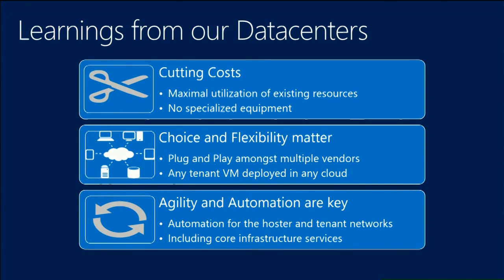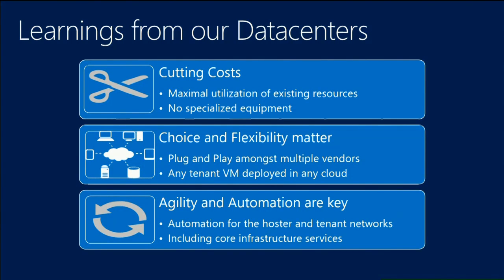The second thing is that choice and flexibility matter. Even within our own data centers, where in theory we could run in a completely homogeneous manner, we wanted to be sure that we had the choice to pick from multiple vendors. And as customers, we wanted to make sure that those kinds of choices are available to you as well. That you're not locked into one particular vendor's proprietary offerings, that you have the ability to plug and play across multiple offerings to the extent possible.